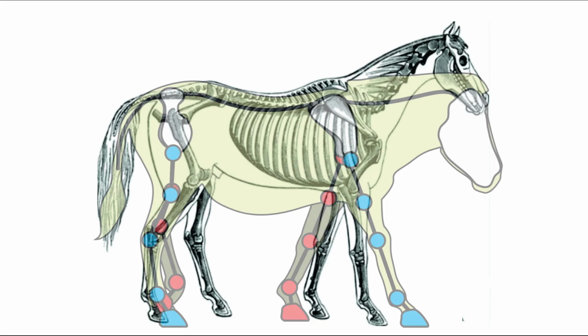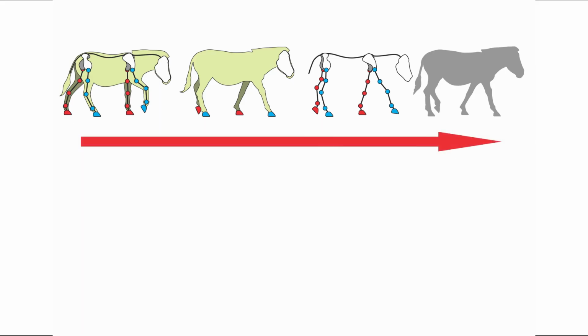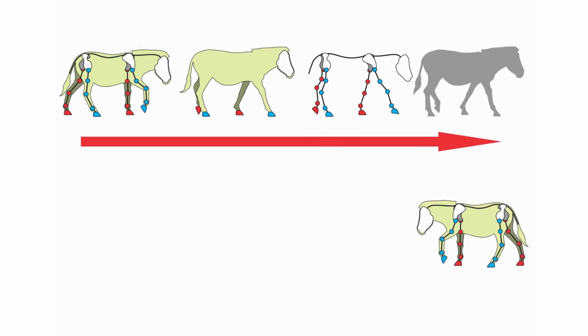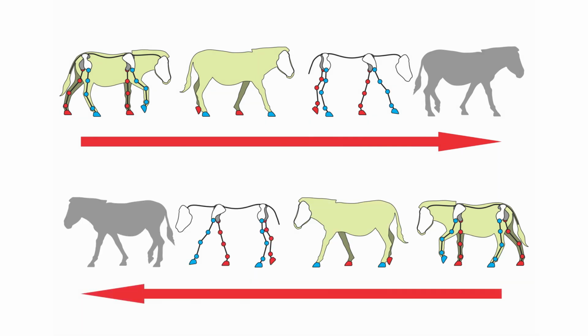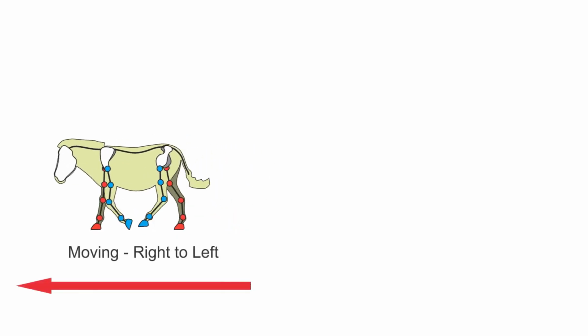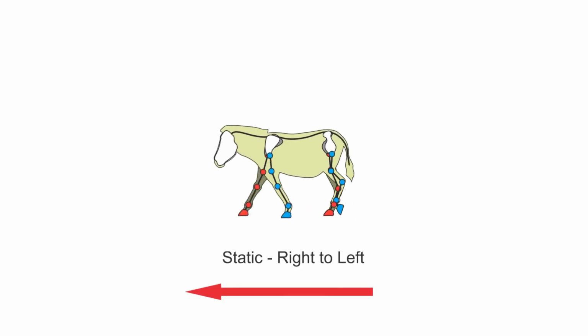Okay, so the templates come in 4 formats: bones and body, body, bones, and a new one, silhouette, and they run from left to right, and then the same going right to left. We have moving templates, in other words, they move across your screen, and we've also got static templates.